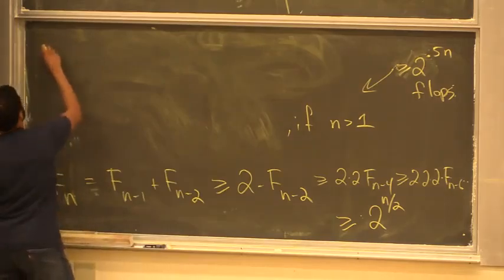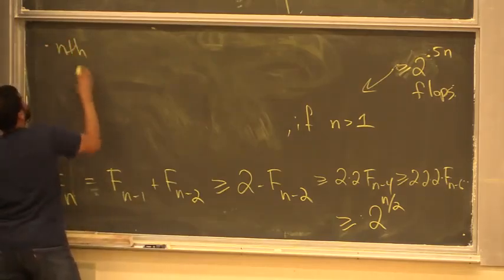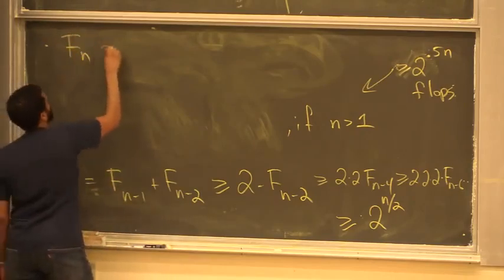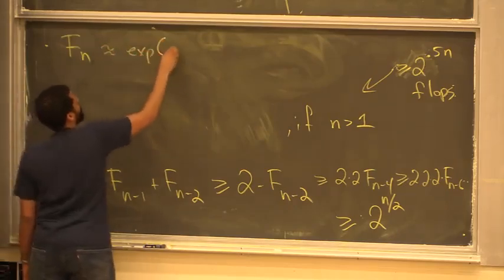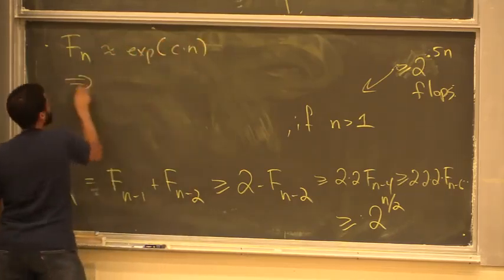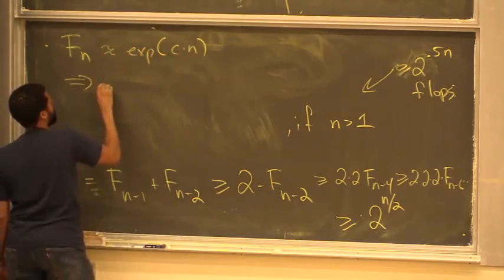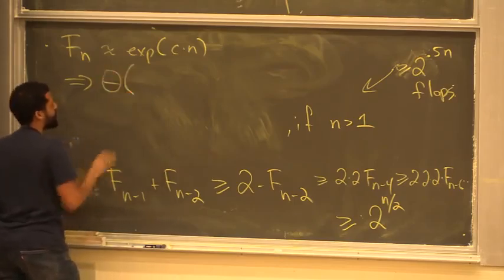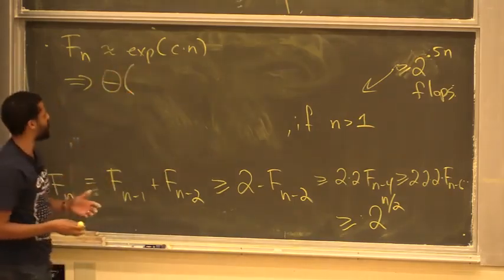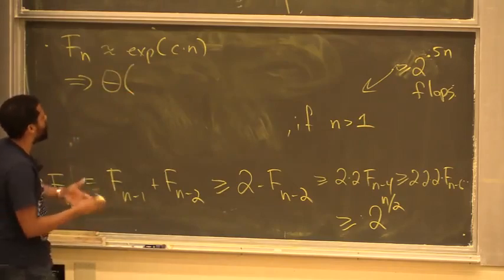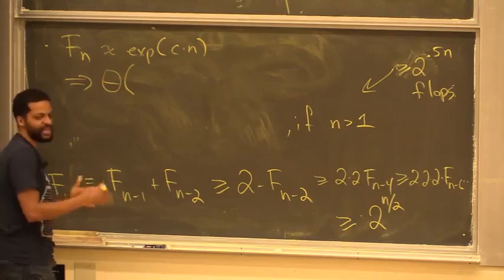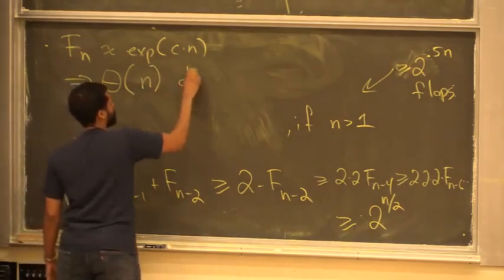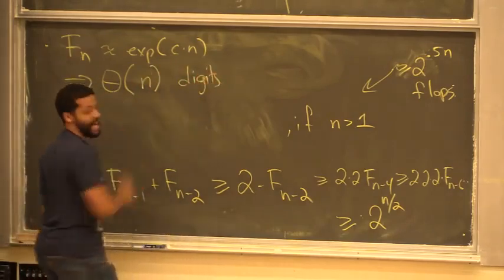So we see the nth Fibonacci number, Fn, is some exponential in c times n, which implies the number of digits is theta of n. Big O is like at most, roughly, and theta is like roughly equal to, up to a constant factor. It's theta of n digits, just the log of that.